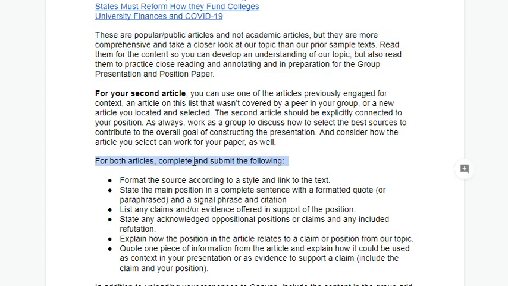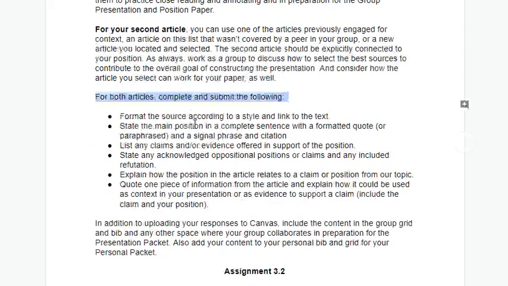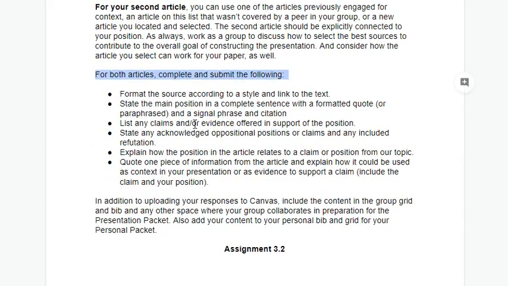For both articles, complete and submit the following. Format the source according to a style and link to the text. State the main position in a complete sentence with a formatted quote or paraphrase and a signal phrase and citation. List any claims and/or evidence offered in support of the position.